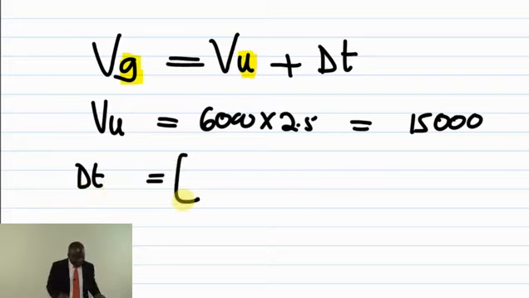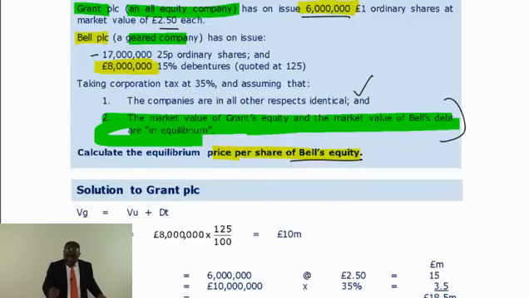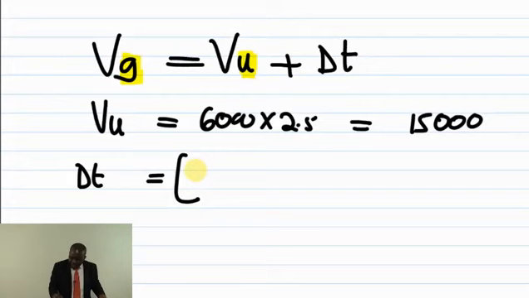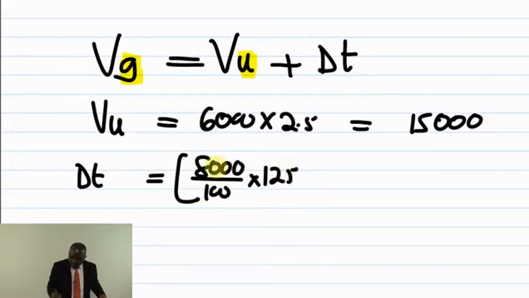So what is D? The question tells you that Bell has 8 million shares quoted at 125. So I have to get that market value as 8 million divided by 100 multiplied by 125. Don't forget, the nominal value of the debt should be 100, multiplied by the tax rate.